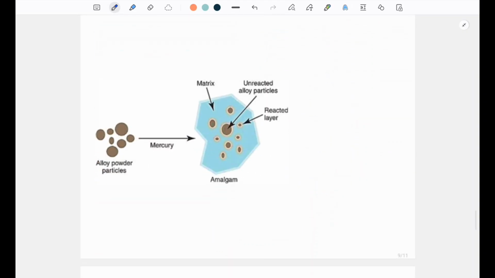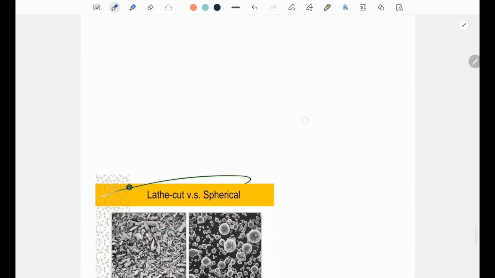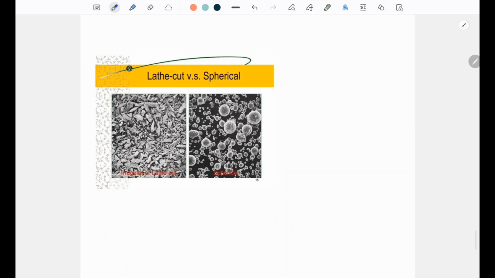Here we have the alloy particles and how the mercury mixes with them. So this kind of matrix of mercury with unreacted alloy particles and a reacted layer is formed. We have seen in the previous video also, this is the lathe cut and this is the spherical type of alloy.